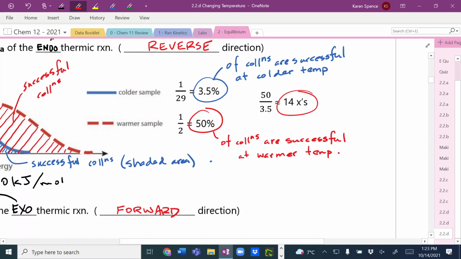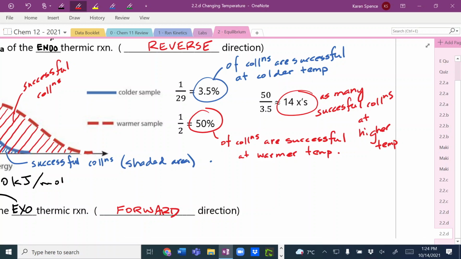So there are 14 times as many successful collisions at the higher temperature. And remember, this is for our endothermic reaction. So when we had our endothermic reaction with that high activation energy, our rate changed by 14 times. Okay?